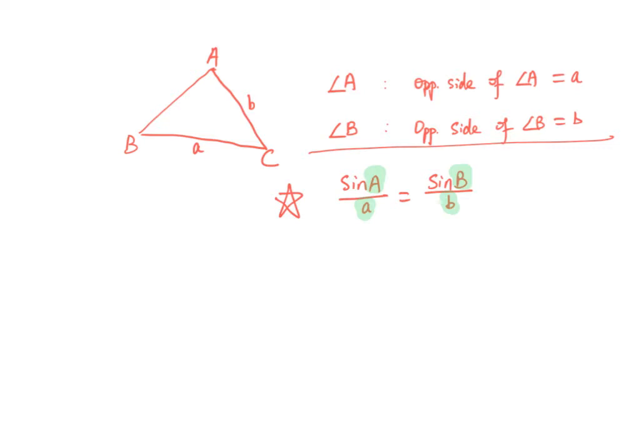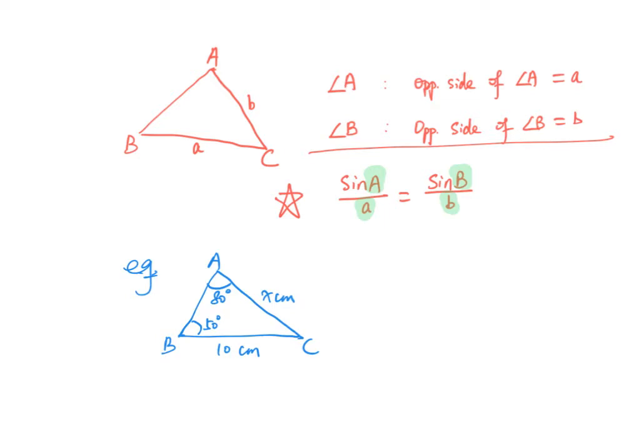For example, if the question tells us a triangle ABC with 80 degrees, 50 degrees, 10 centimeters and x centimeters, then you can apply the sine formula to find the value of x.